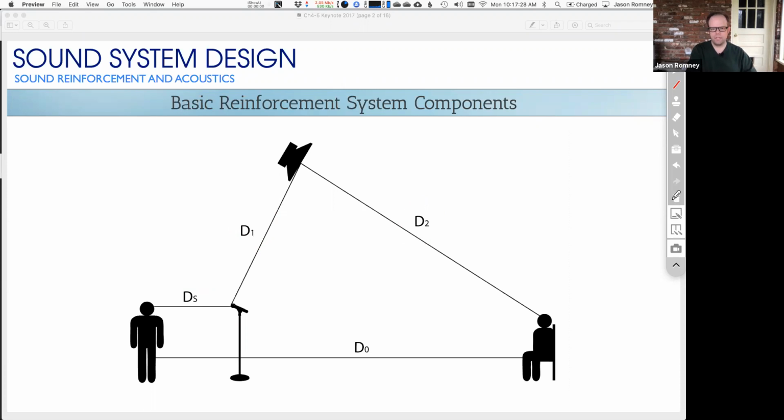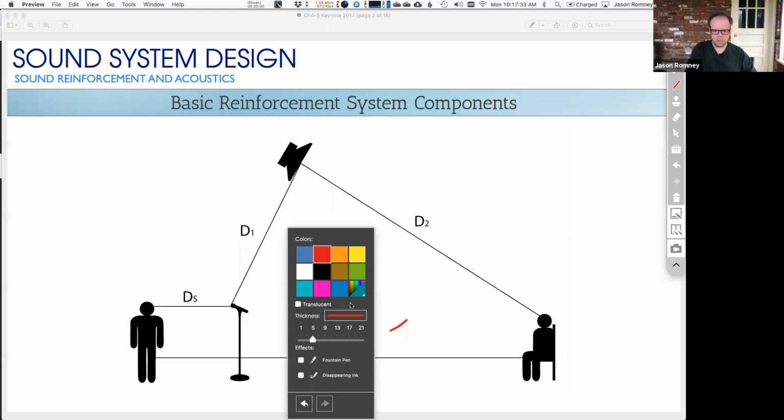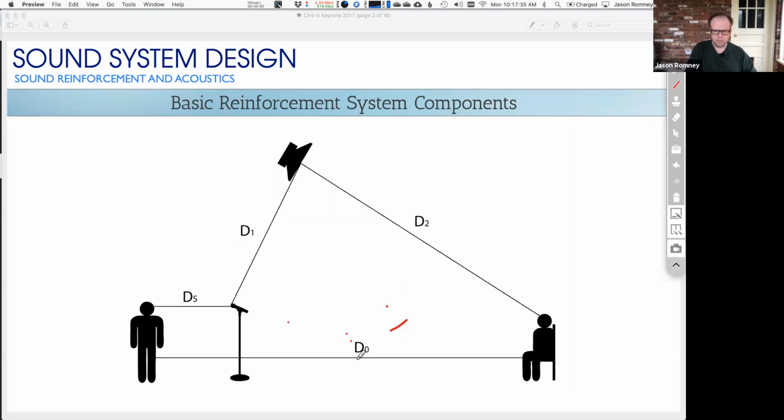And then d0 is the distance between, there we go, d0, you see it, is the distance between the talker and the listener.